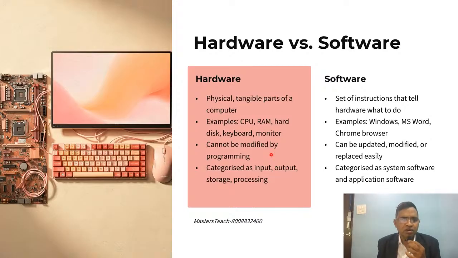For example, Windows, MS Office, MS Word, Chrome browser. Software can be updated every time, modified, and easily replaced. Hardware is a system, software is an application, we can say. These are the basic differences between hardware and software.